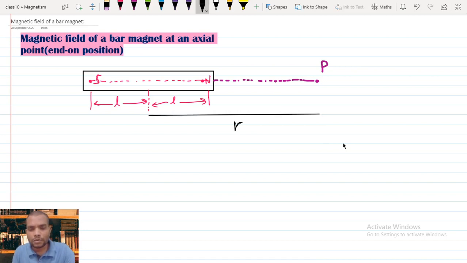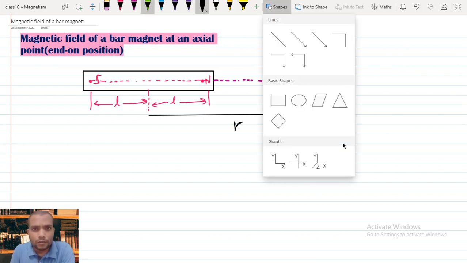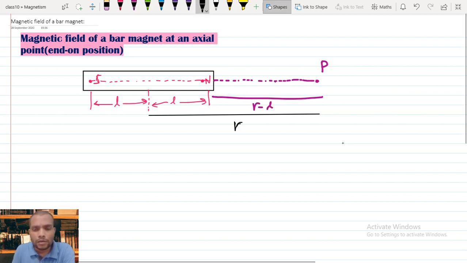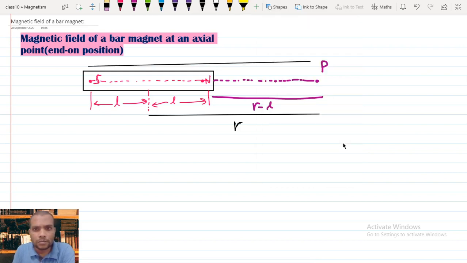So from the north pole its distance changes to r minus L, but when it comes to the south pole it becomes a longer distance.